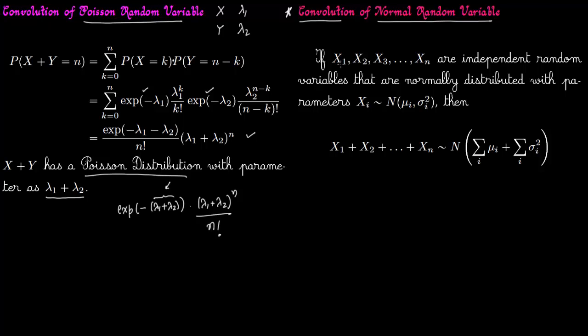So say you have independent random variables x1, x2, x3, x4, up to xn, and each of these random variables is normally distributed with mean mu i and variance sigma i square. Then if you take the sum of these random variables, they are normally distributed with mean as the summation of all these mu i's and variance as the summation of all the variances of the individual variables.